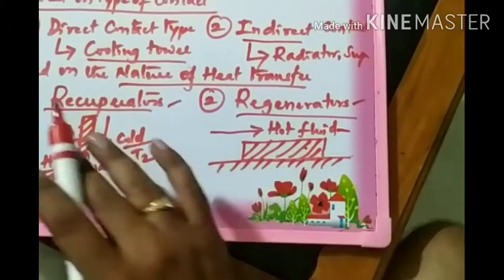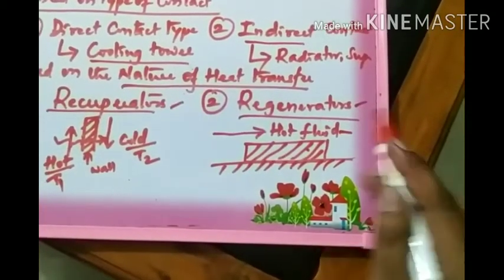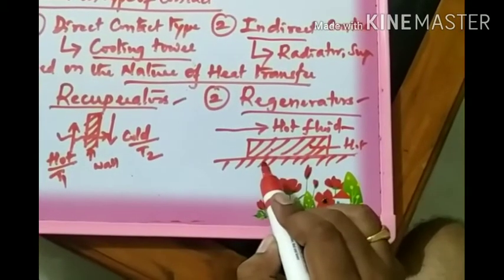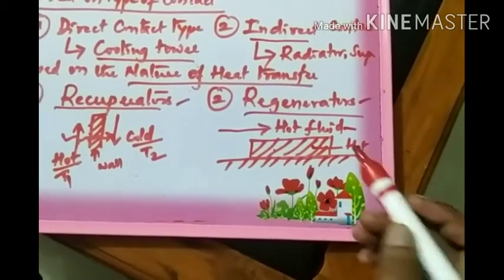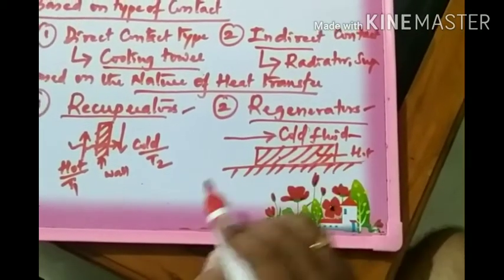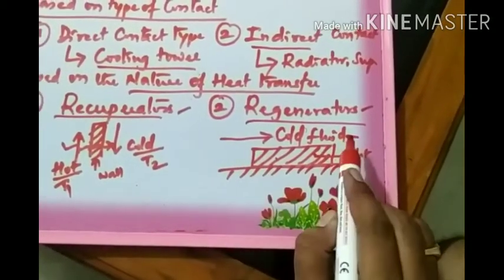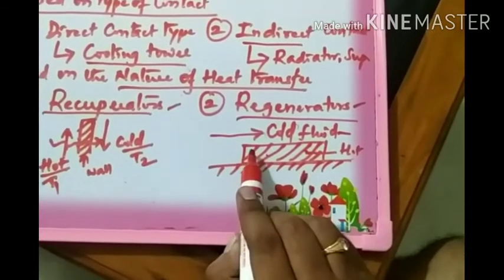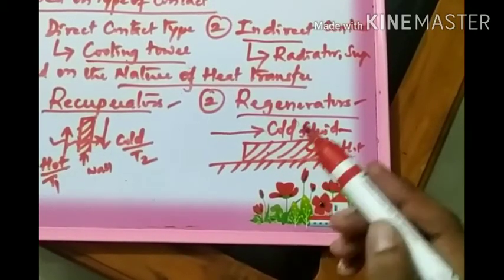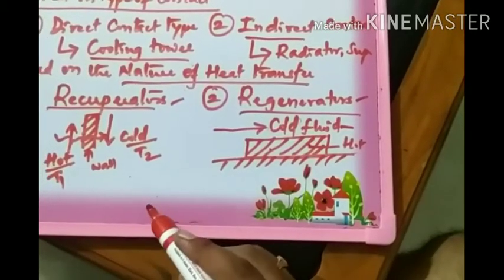Now imagine as all the hot fluid flows away, the surface has become very hot. Next, after passing the hot fluid, I will make the cold fluid enter over the same surface which became hot in the previous case.